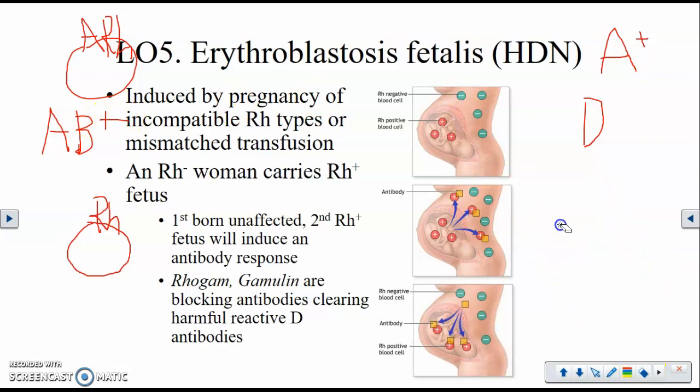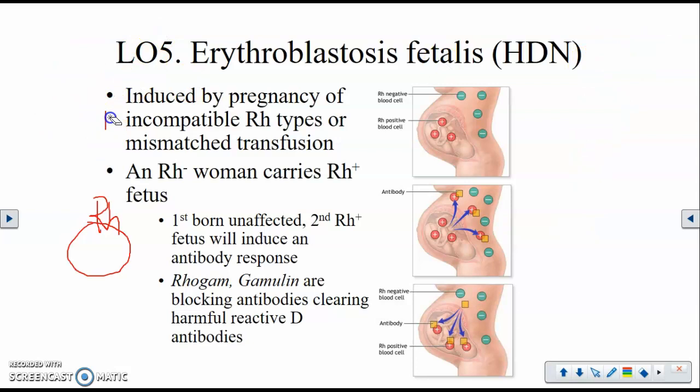Now, previously, at a very early age, you actually create antibodies, the anti-A antibodies, the anti-B antibodies, okay? But for Rh factor, you actually do not create the anti-D or the anti-Rh antibody until you're exposed to it, okay?